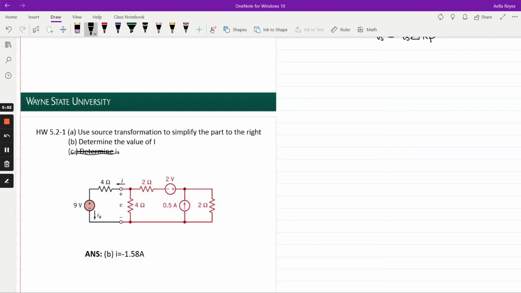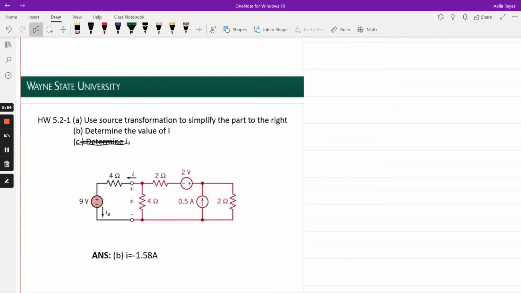It's good first to identify which parts of the circuit we can transform. Again, voltage source in series with a resistor, or current source in parallel with a resistor. So this stands out. This stands out. For sure we can source transform both of these parts, but it wouldn't really make sense to source transform both because we want to add voltage sources to voltage sources and current sources to current sources.